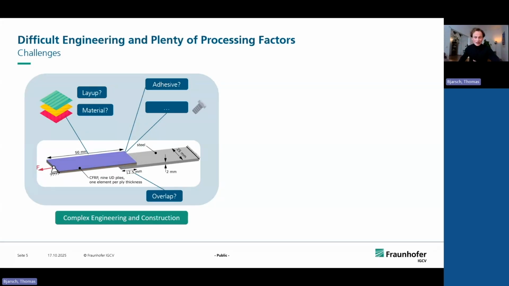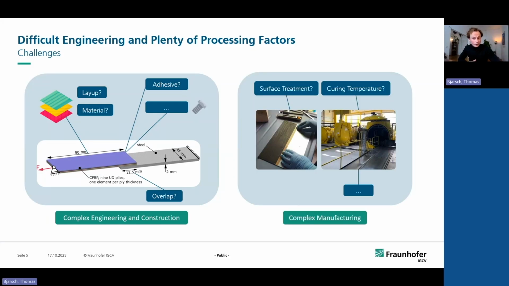The second problem category or challenge is the actual manufacturing. So you combine two materials. So you apply, for example, the adhesive. You have to know, how should I prepare the surfaces? So should I just wipe it with alcohol, or should I sandblast it, for example? Then you have your adhesive glued material.